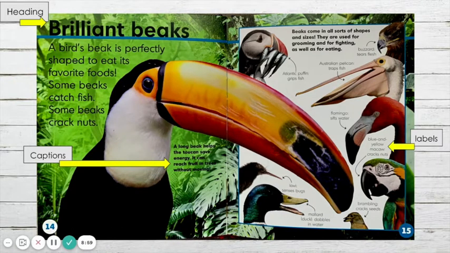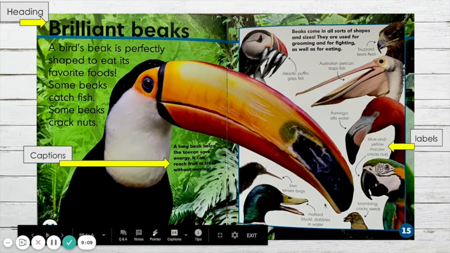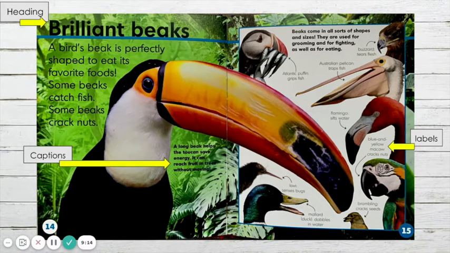Now, speaking of the photograph of the toucan, a photograph is also a text feature. So we have a photograph here, and then we have lots of photographs of these birds and their beaks. So what are those photographs showing us? And what do they have to do with our heading?